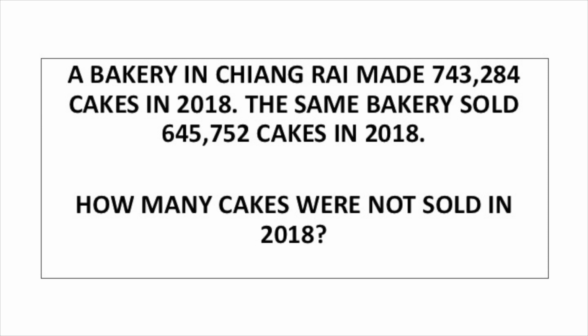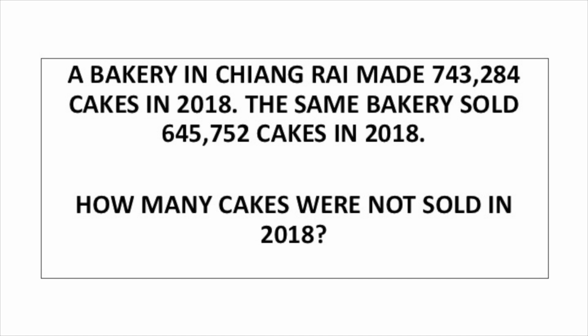So we can see our numbers, guys. What's our first number? 743,284. So that's our number of cakes. And then 645,752.